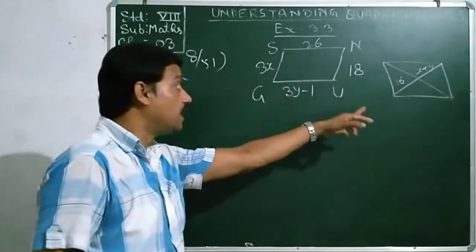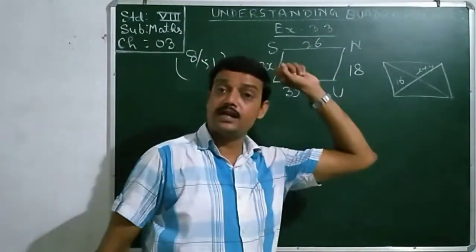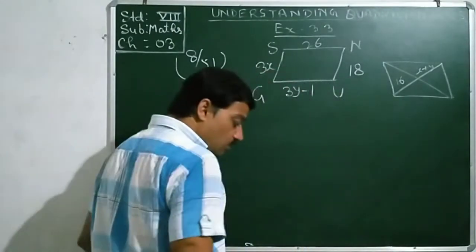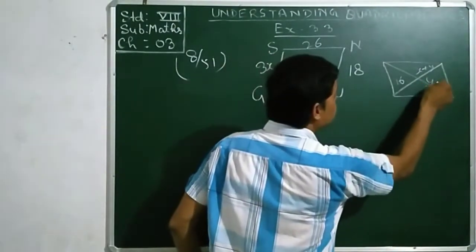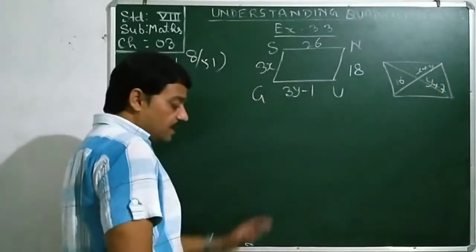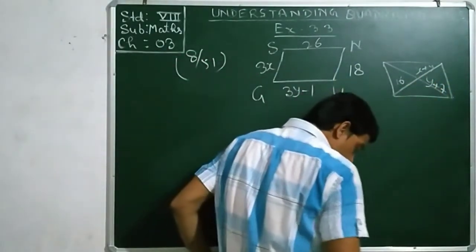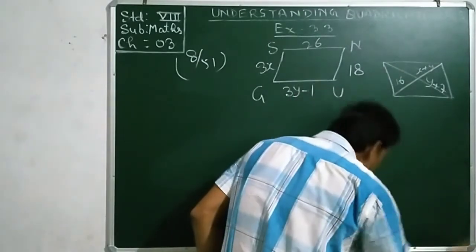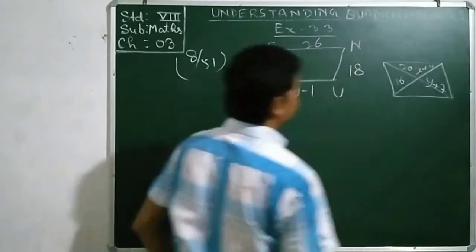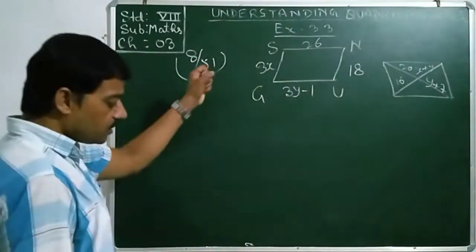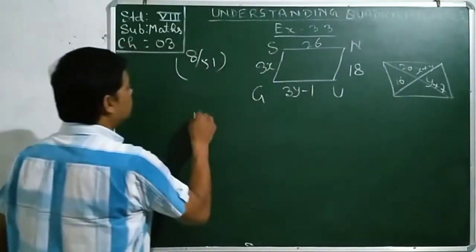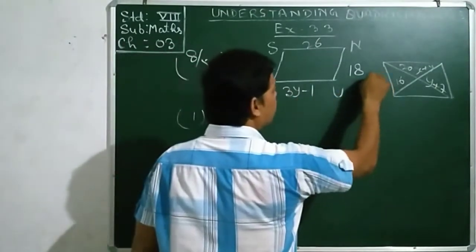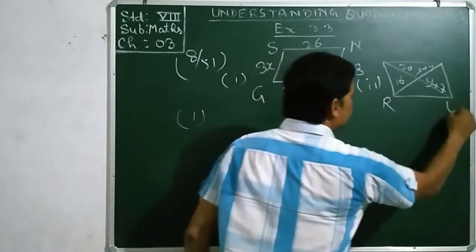One part of the diagonal is 16 cm and another part is x plus y, and the longer one is y plus 7 is this part and that part is 20 cm. Now come to the first part. This was the first figure and this was the second figure RUNS.